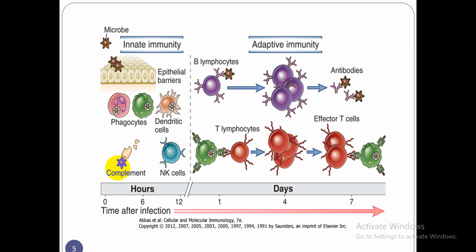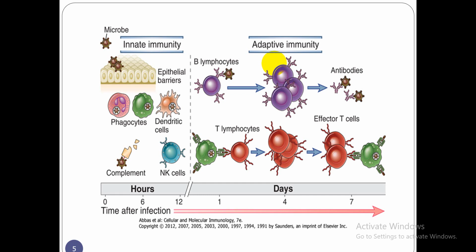And as you know, in the first hours after infection, the innate immune responses are dominant compared to adaptive immunity. You see here that after 12 hours or about 1 day of infection, the adaptive immunity becomes activated.